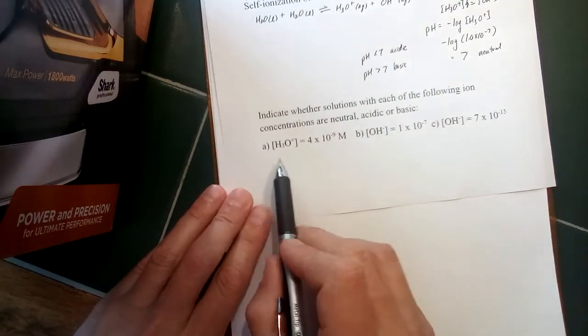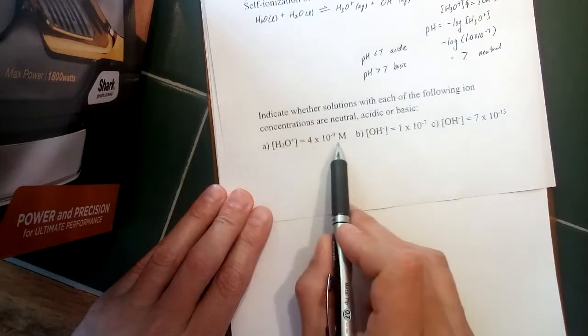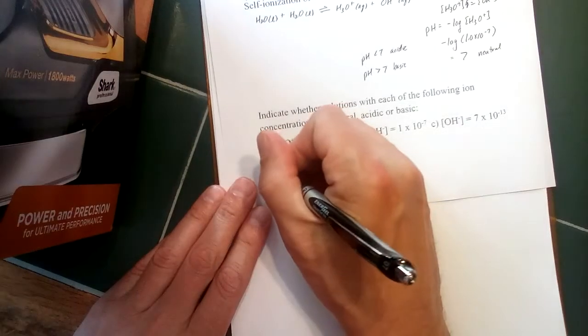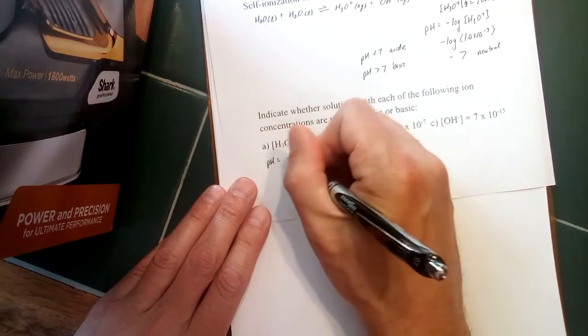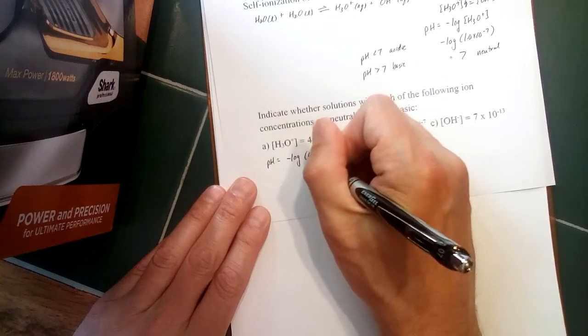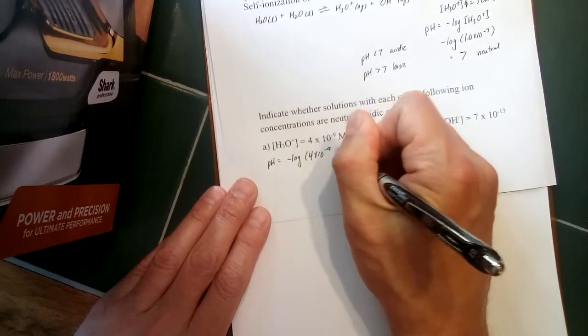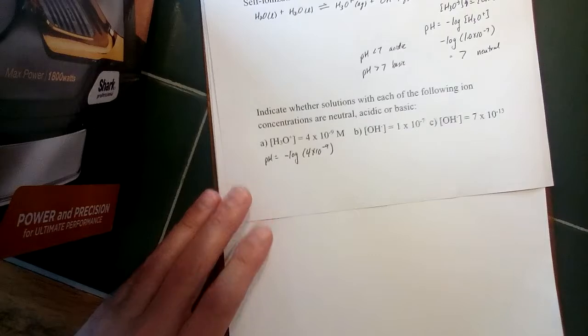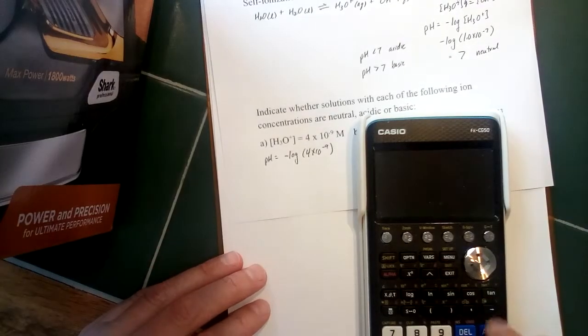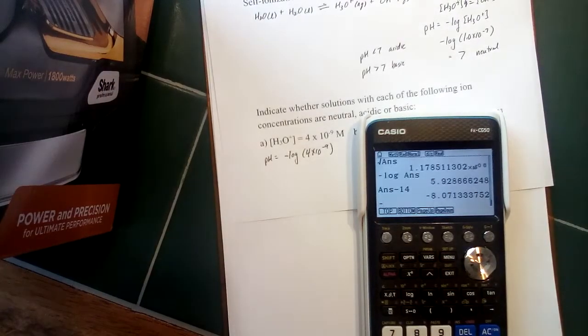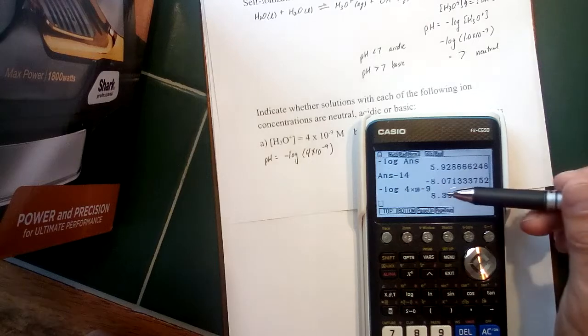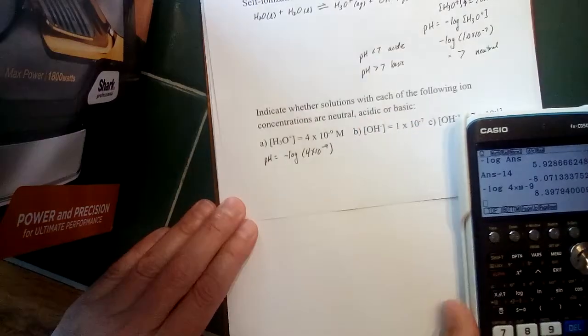So if we look at the first one, the hydronium ion concentration is 4 times 10 to the minus 9th. Well, that means the pH here is going to be the negative base 10 log of 4 times 10 to the minus 9th. So if I plug that into my trusty calculator, execute that, 8.3979.